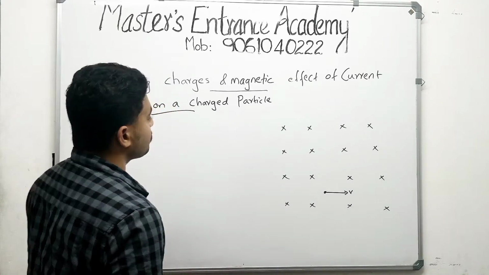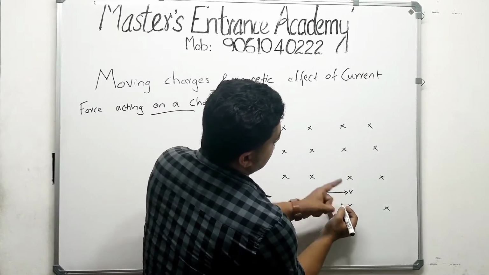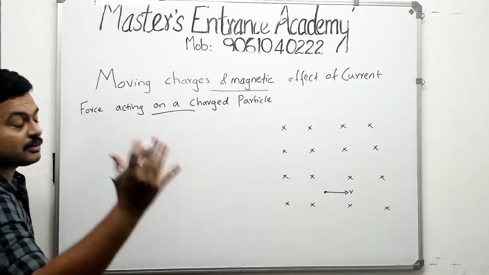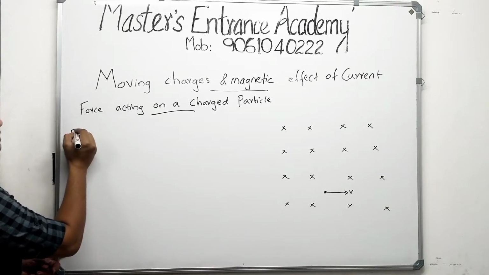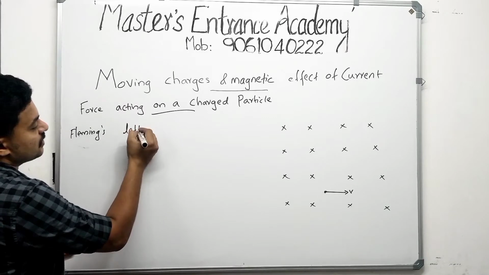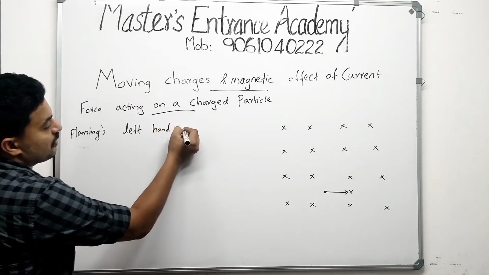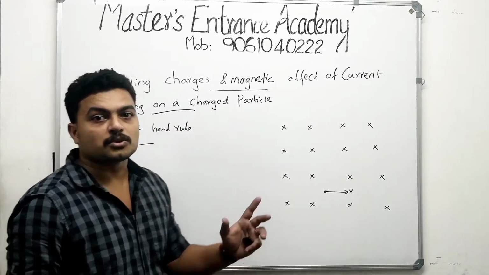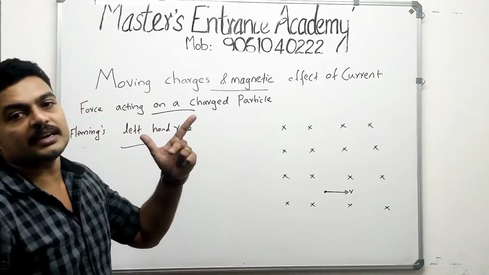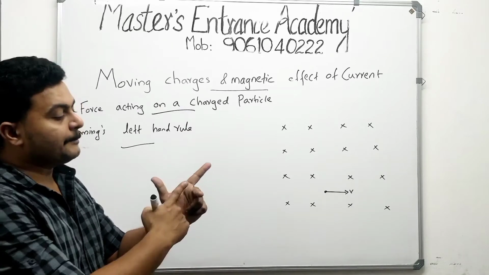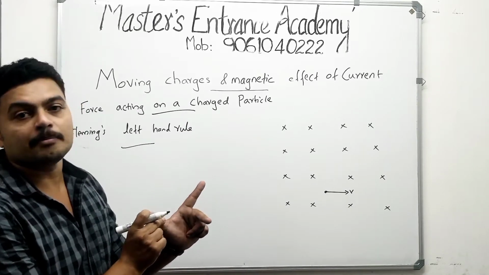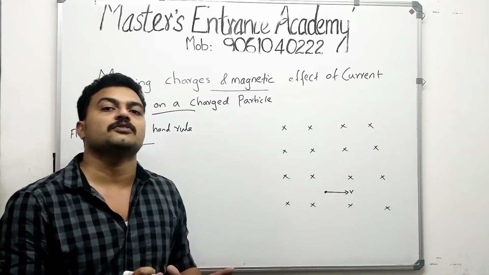In Fleming's left hand rule, the forefinger indicates the direction of the magnetic field, the middle finger indicates the direction of velocity of the charged particle, and the thumb represents the direction of force.